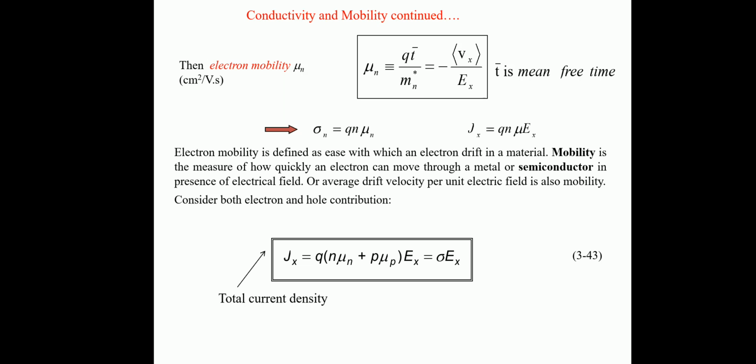That means the easiness with which an electron drifts in a material. The current due to this electric field is called drift current. We have two expressions for mobility: mu n is equal to q tau by mn star, where mn star is the effective mass of electron, and mu p is q tau by mp star.